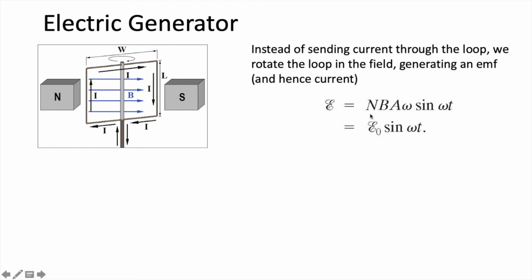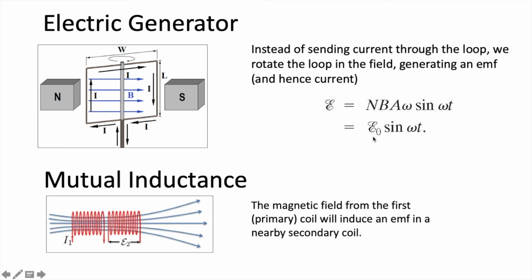Hence the generated EMF is a function of the number of turns, the magnetic field strength, and the area, times the rotation, which determines the frequency of the current: omega equals 2 pi f, and that is equal to N B A omega sine omega t. We can replace all these constants by epsilon naught, which is the peak EMF.